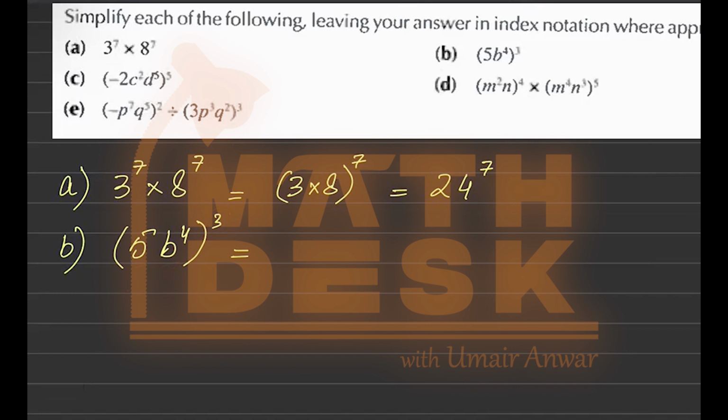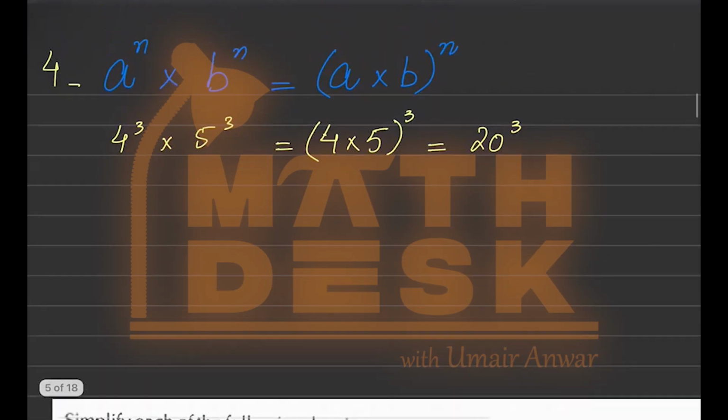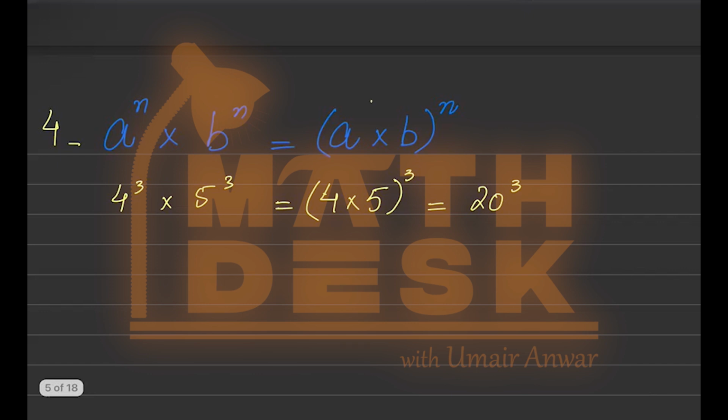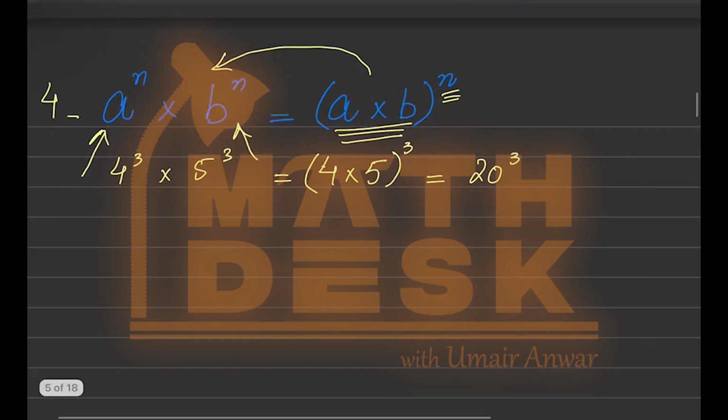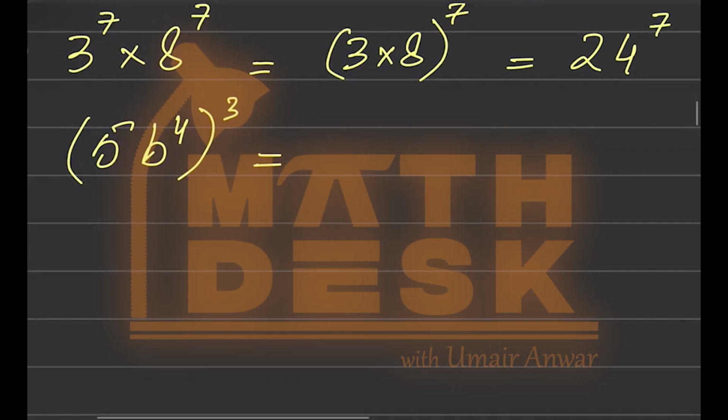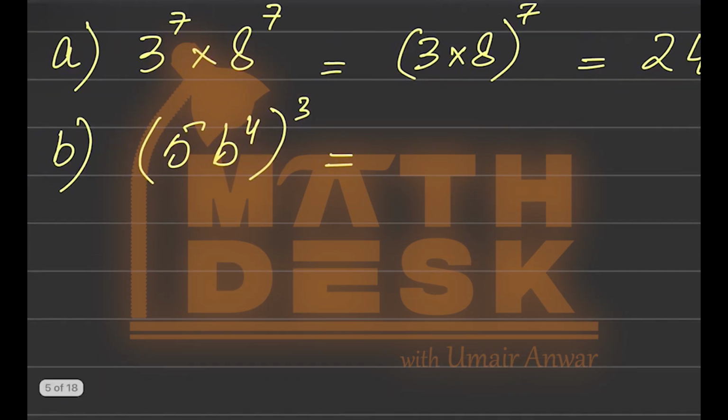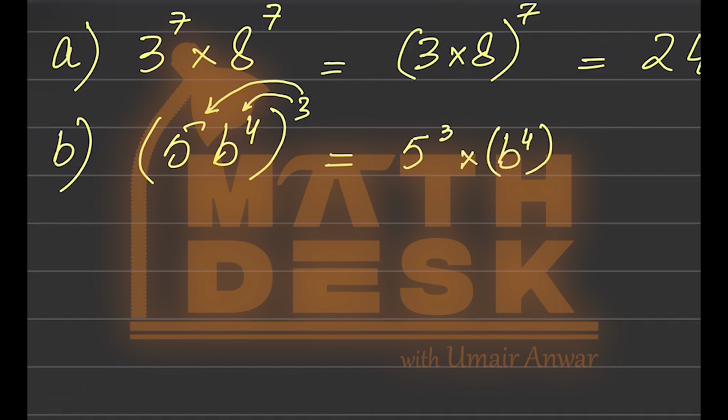The converse of the law that we have studied in the fourth form is that if there are two factors being multiplied with each other and they have the same whole index, then this index should be applied on the first factor multiplied by the second factor, or every factor written in the bracket. So this index 3 would get applied on the first factor and on the second factor also. So I could also write 5 raised to 3 multiplied by (b raised to 4) raised to 3.